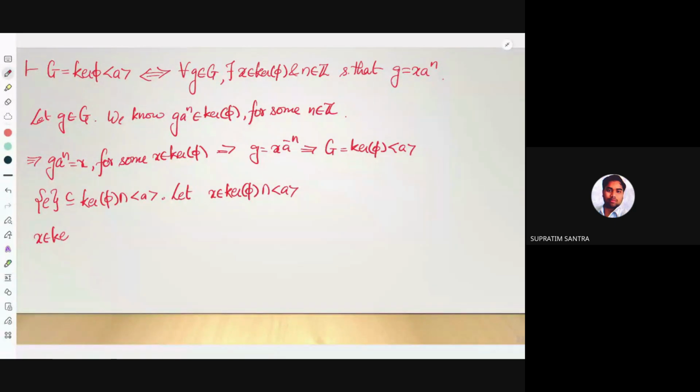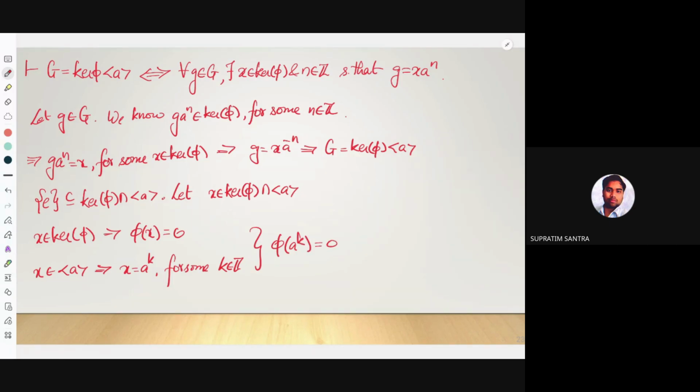X belongs to kernel of phi. This implies phi of X is 0. Right? X belongs to this, so it can be written as A power K for some K in Z. Combine these two, we get phi of A power K is 0.